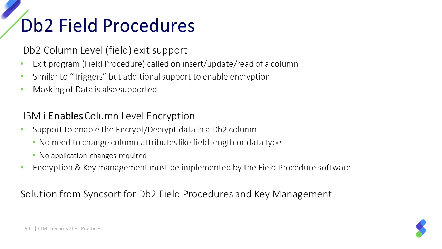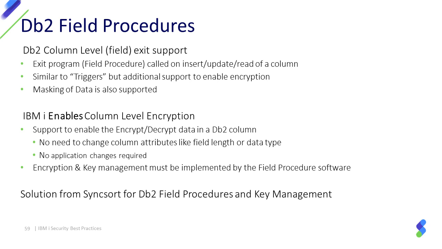And all of the internal structural aspects of that database file's field are handled by the database engine within the operating system, right? So any length changes or data type changes that are required are taken care of by the IBM code.